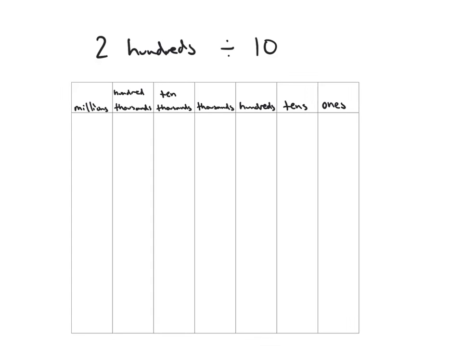So I'm going to start using discs just like the previous problem. I'm going to put two discs in the hundreds place. And then when we're dividing by 10, we actually need to unpack each of these hundreds, and in each hundred is 10 tens. So this first disc right here, I'm going to unpack into these 10 tens. And the second disc, I'm going to unpack into these 10 tens.